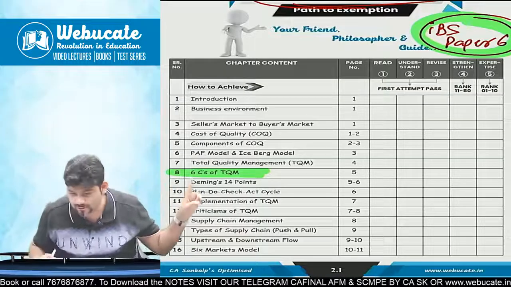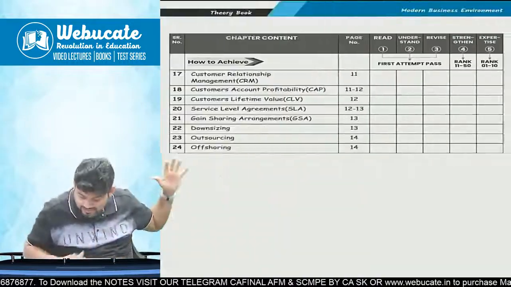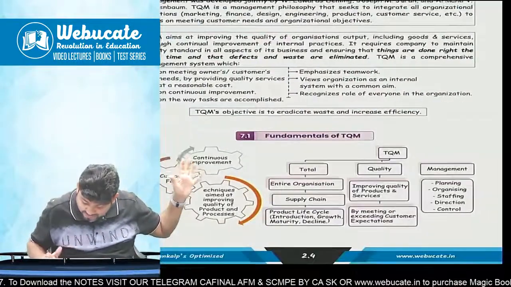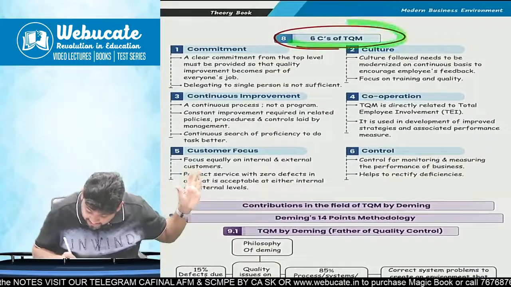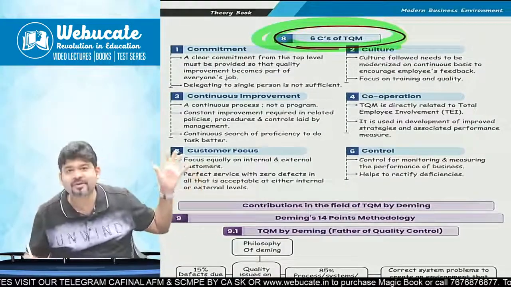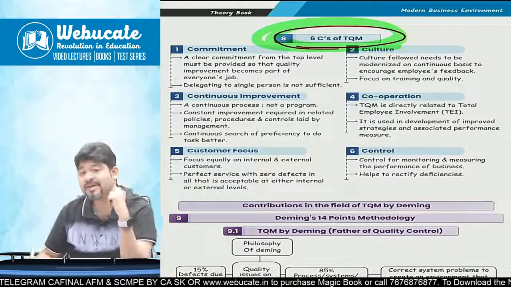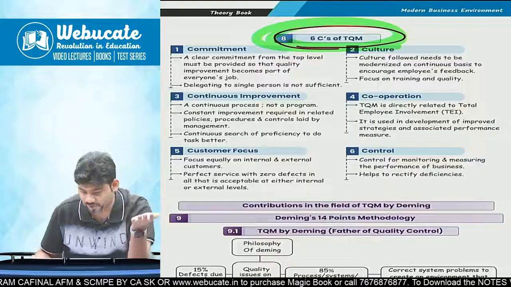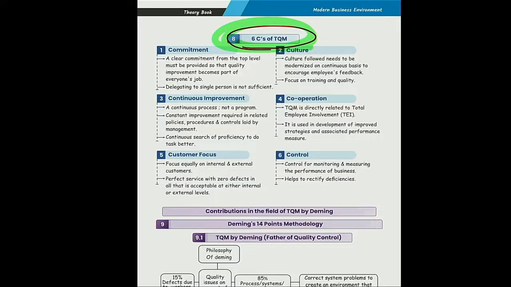Here I have given you a study mentor kind of index. You can directly go to this index and go to page number 5. As soon as you come to page number 5, you will see the 6 C's of TQM. And here we go, it's done. You can use it for your IBS open book exam, and even for your studying, this will be very, very helpful.